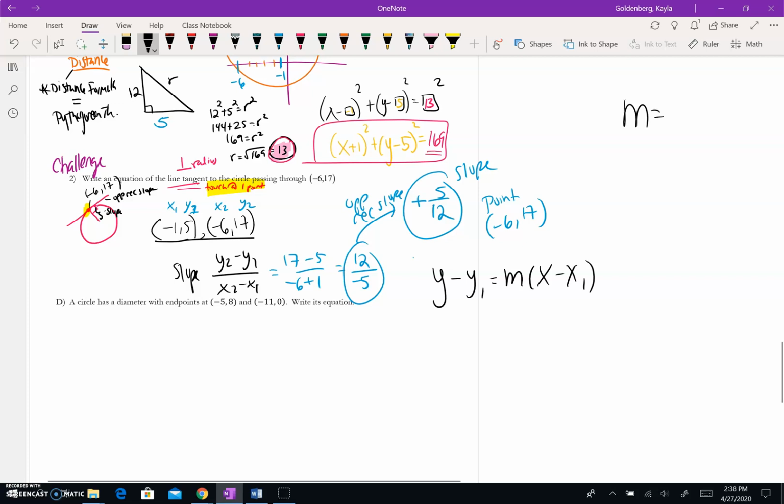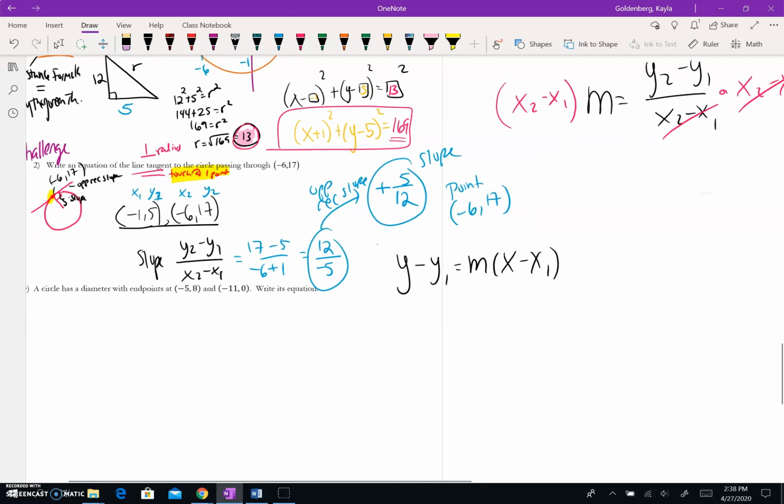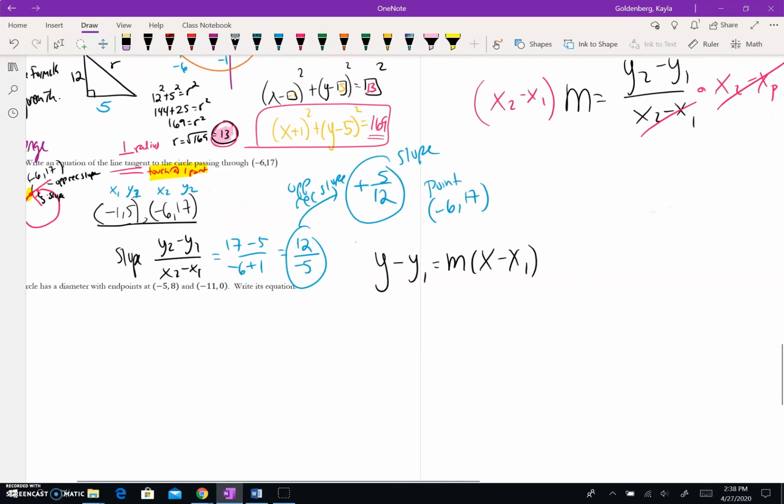Remember, slope is y2 minus y1 over x2 minus x1. It's treating it as if you were solving for the y piece and multiplied both sides by x2 minus x1, to see how that matches up here. So it's really just rearranging the slope formula, and it's called point slope form.